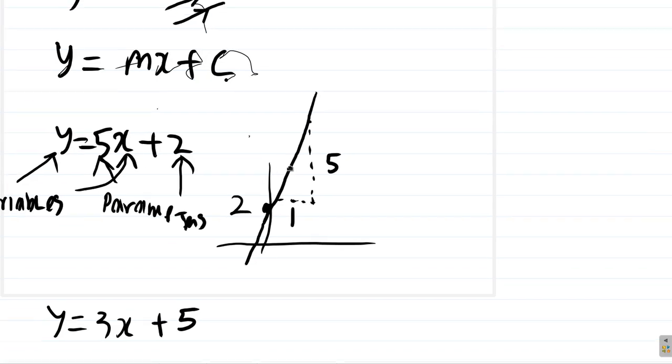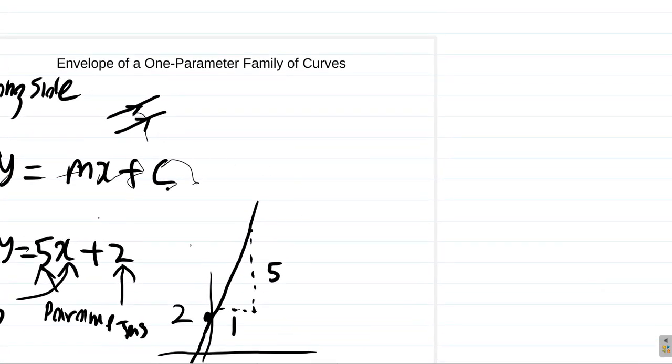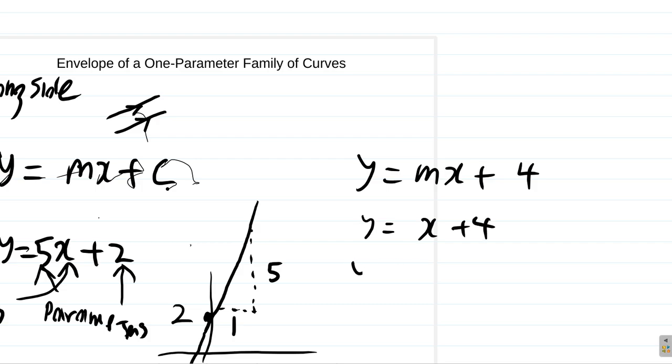Now you can also have a one parameter situation. For example, y is equal to mx plus 4. So in one case, y is equal to 1x, so you have x plus 4. Another case, y is equal to 2x plus 4. Another case, y is equal to 3x plus 4.